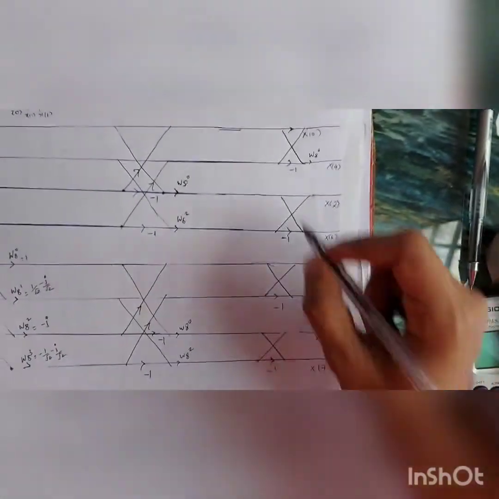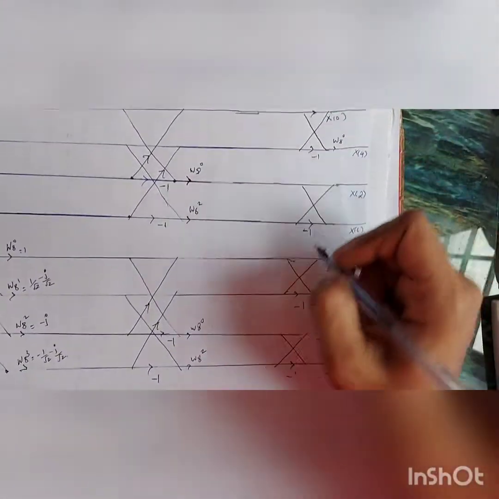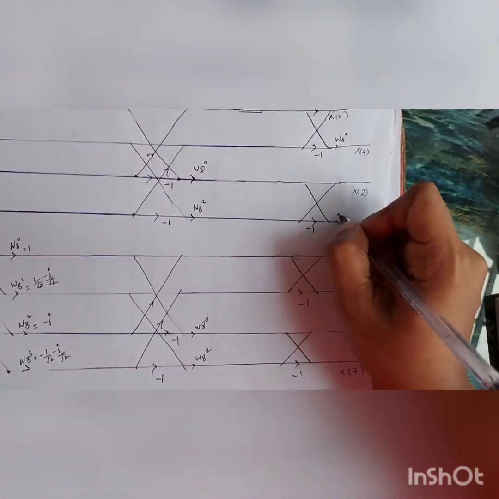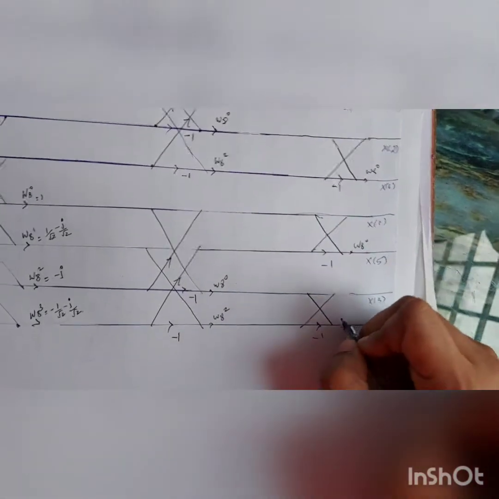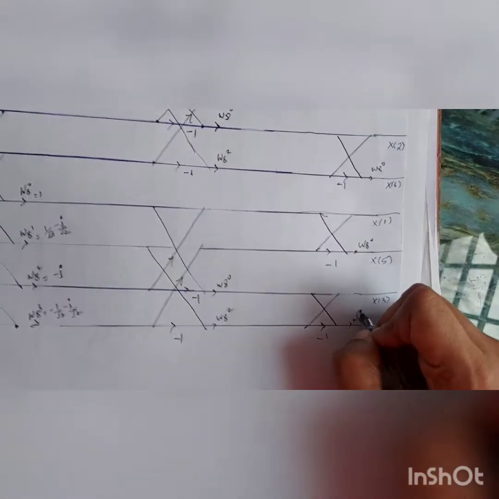So this is your final butterfly structure, where you have your 2-point butterfly stage also. So after drawing so much, now we go to the calculation part.